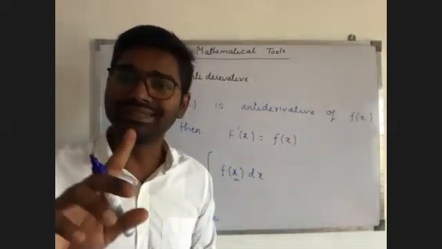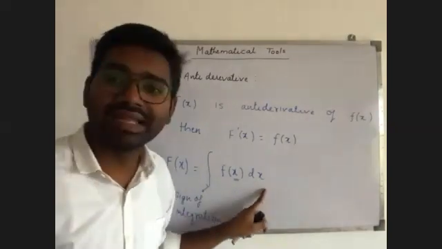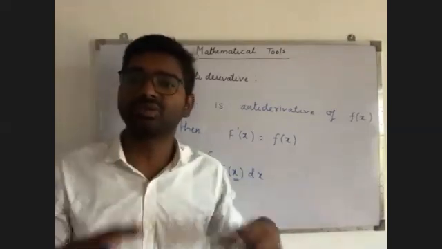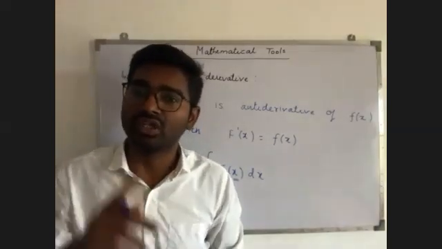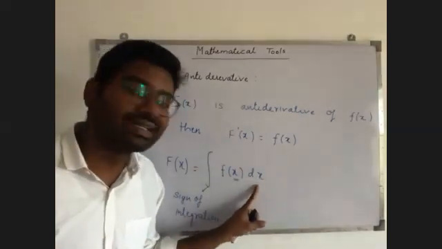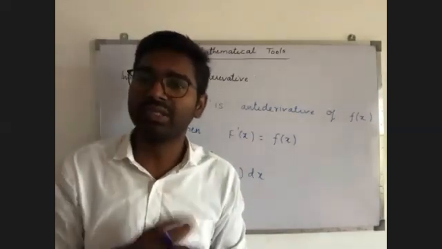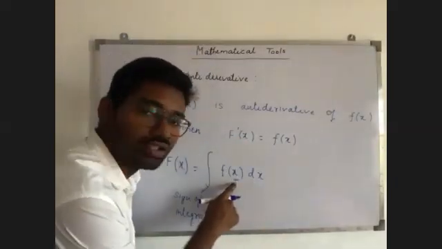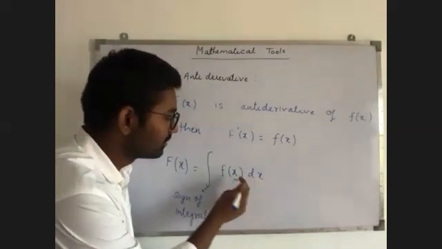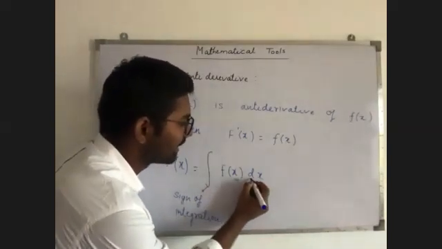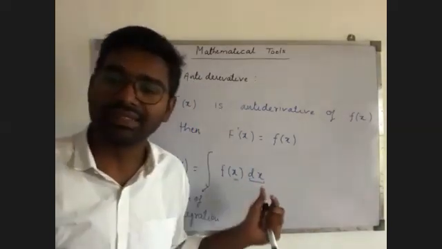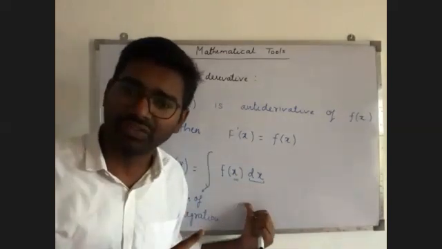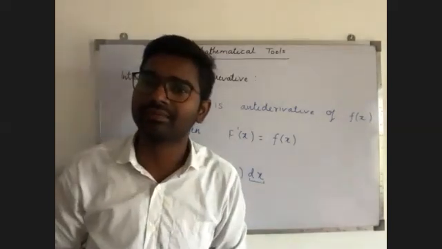If the function is in x, you can't write dt. For example, if I have the function x square, it will always be integrated with dx, because x is the variable. You can't integrate x square dt. That is totally wrong. The variable of integration will be the same as the variable of the function. If it is x, then dx. If it is ft, then dt. If it is fu, then du. Is it clear to everyone?